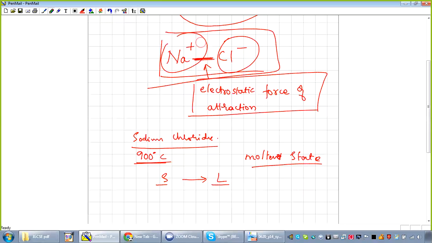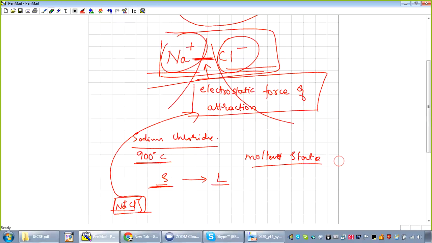In these conditions, the Na+ and Cl- can separate and be free to move, so they will be good conductors of electricity, because charged particles are available. Initially, in the solid state, the Na+ and Cl- are bonded together very strongly because of the electrostatic force of attraction. So in the solid state, it won't be able to conduct electricity.